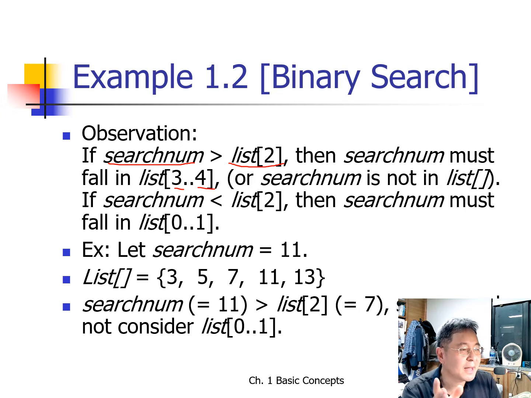It cannot be located in index 1 and 0 because the data set is sorted already, and such num is larger than list 2. So that means the searching number must be located in index 3 or 4.